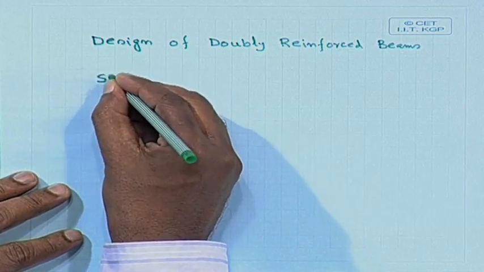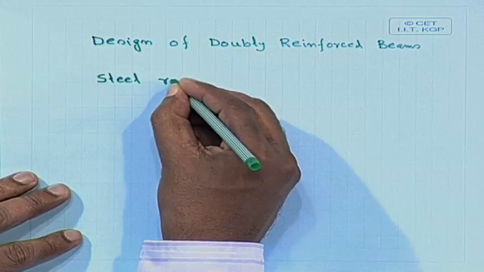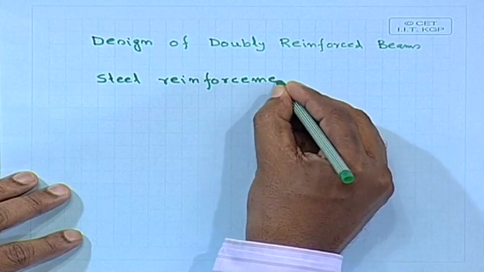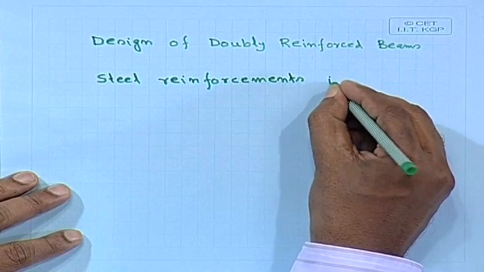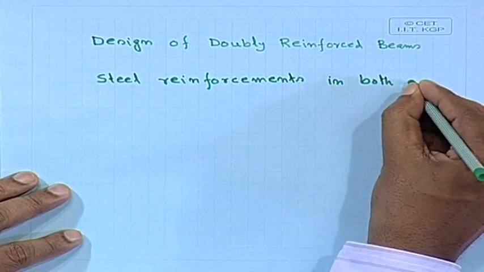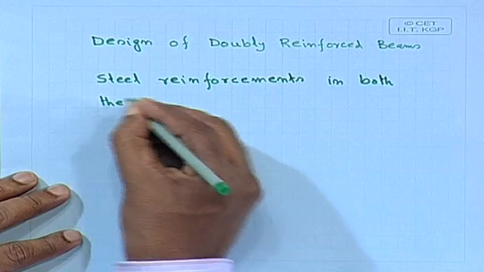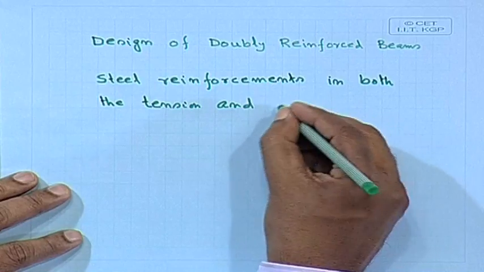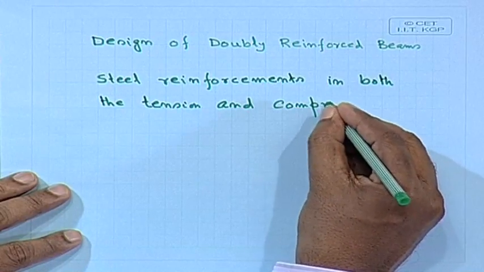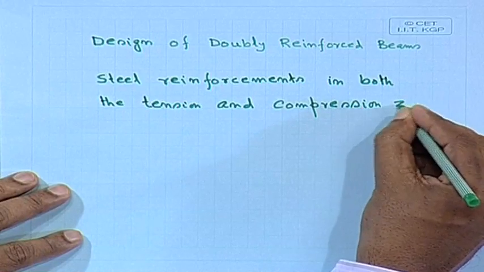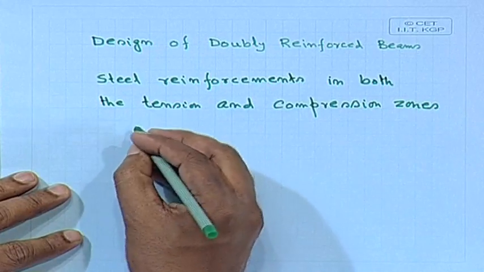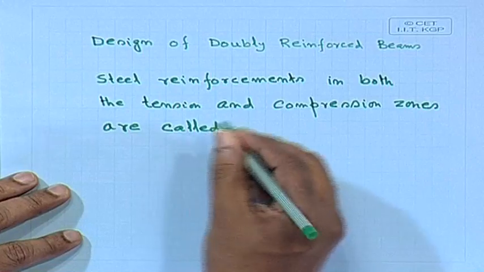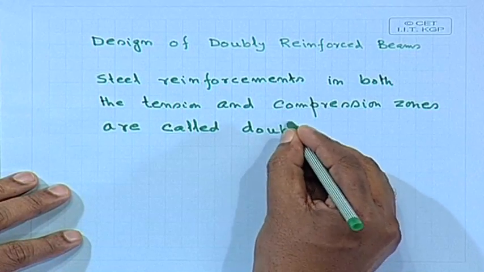Steel reinforcement in both the tension and compression zones are called doubly reinforced beams.